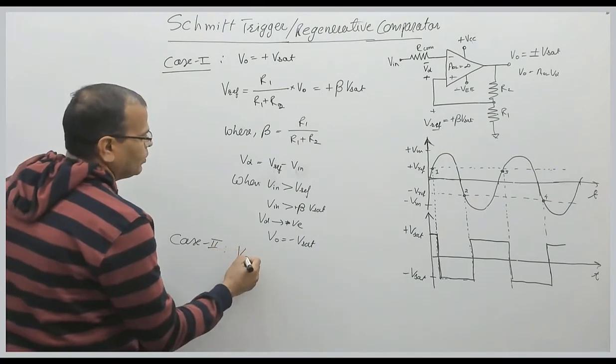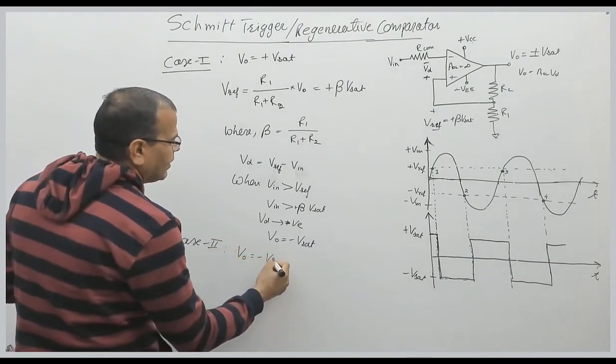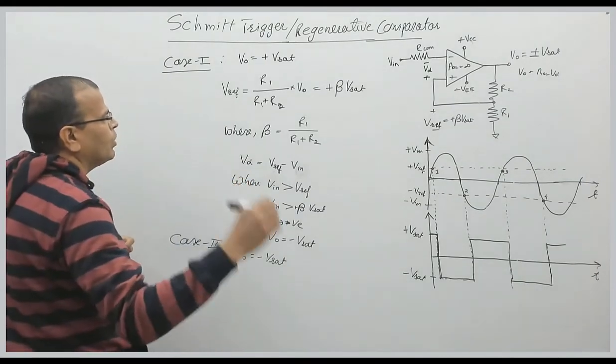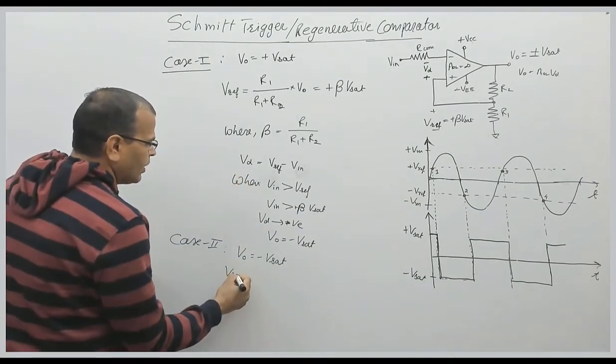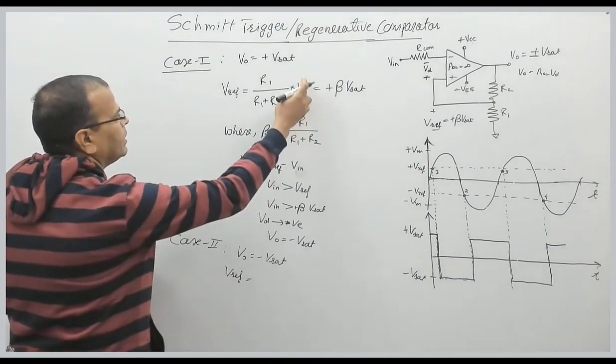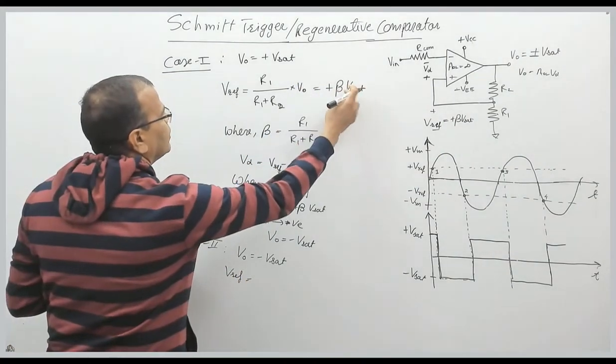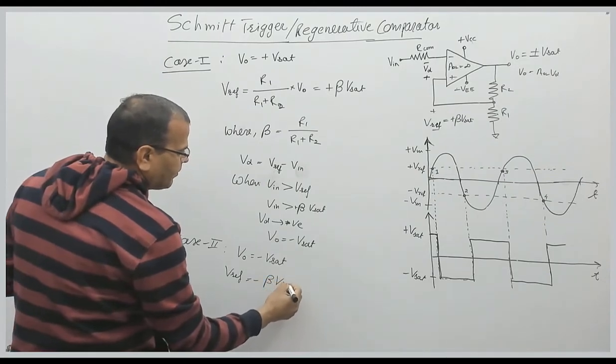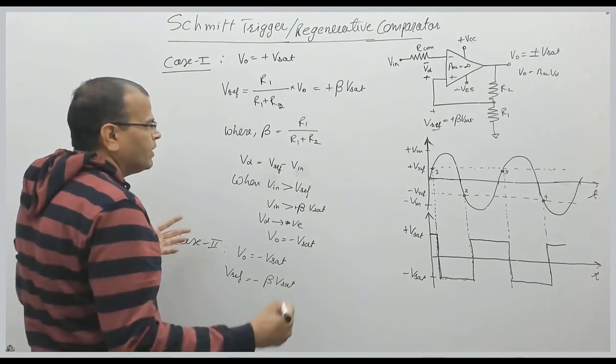Let us talk about case 2. In case 2, suppose V naught is minus V set. When V naught is minus V set, what will happen? The reference voltage in that case will be minus beta into V set, right? Reference is negative.